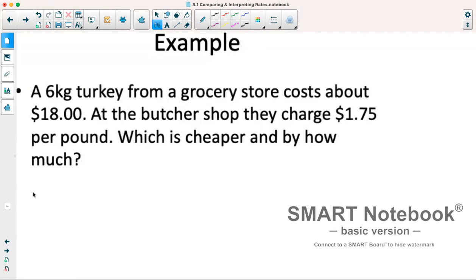So first we need to convert our price. We know our price is $1.75 per pound, but our turkey's in kilograms. Or shouldn't we call this price? I should call this my unit price.